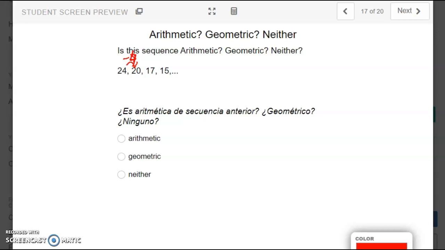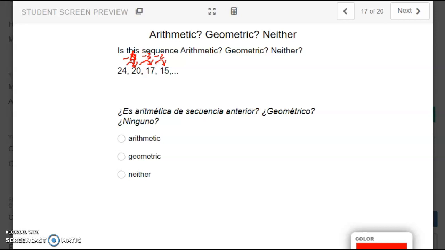But from 20 to 17, it looks like I added -3 here. And then -2. Okay? So the difference is changing. It's not constant. So that means this is not arithmetic.